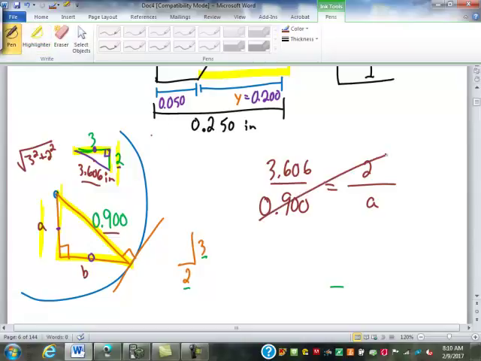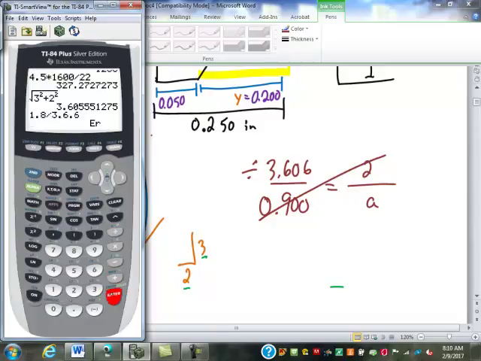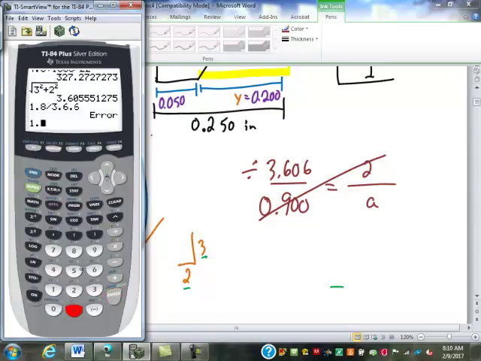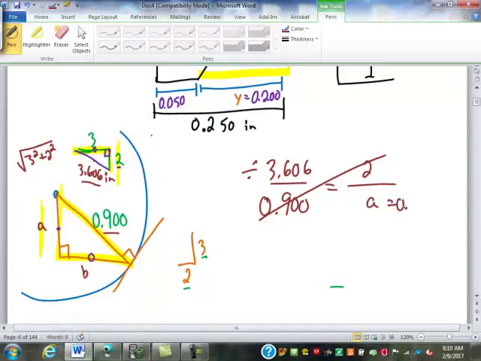So we cross multiply and divide. We get 0.499 for A. A here is 0.499.